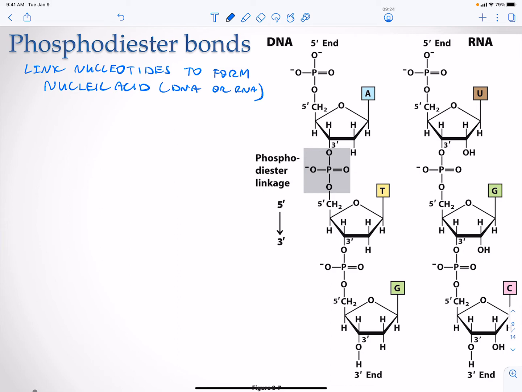And so the 5' phosphate of one nucleotide is going to be joined to the 3' hydroxyl of the next nucleotide. So here we have our 5' phosphate, and it's going to be attached to our 3'. And this is called a phosphodiester linkage.